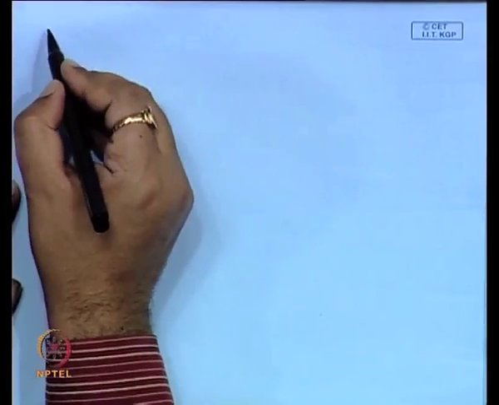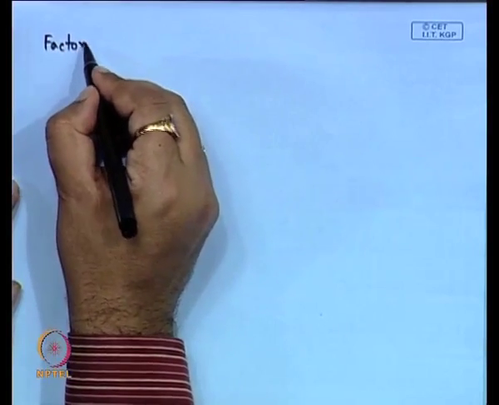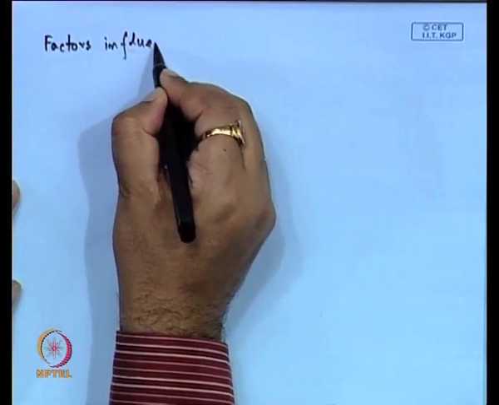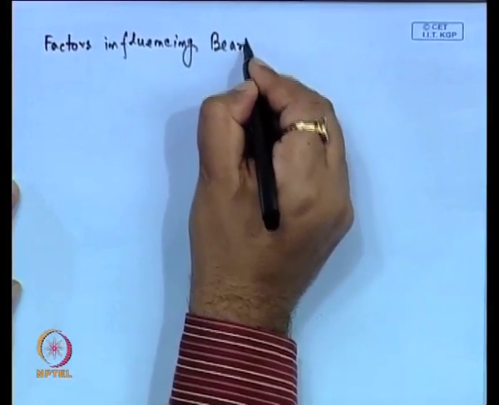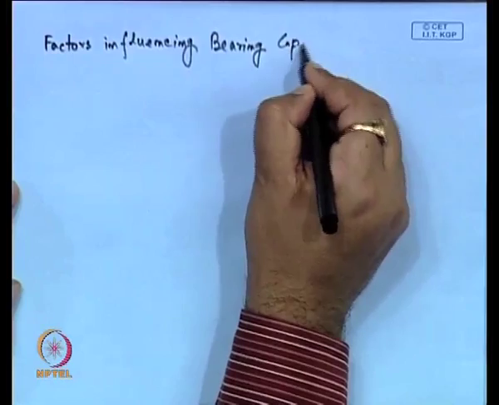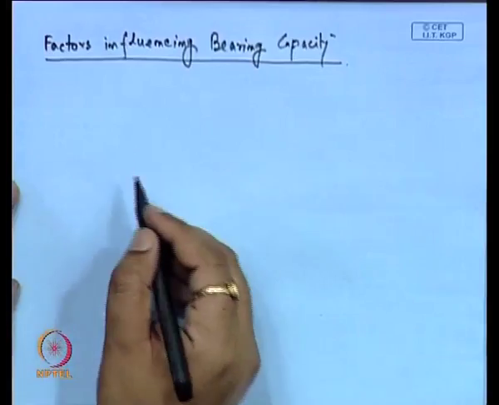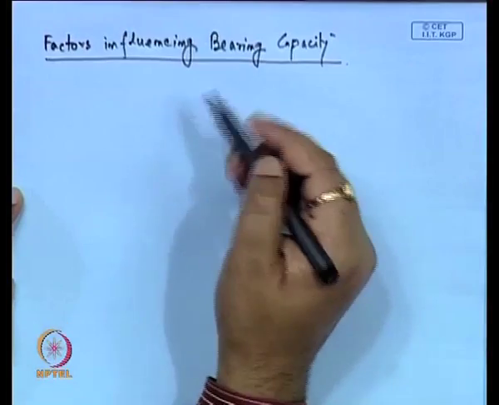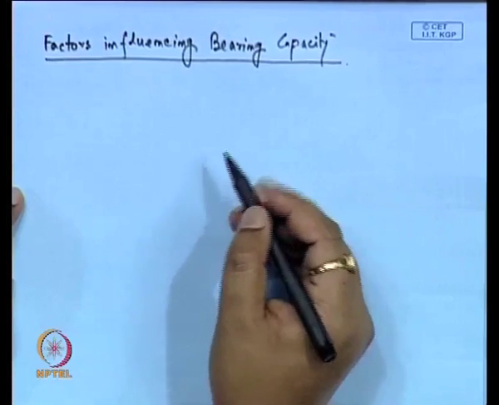So, first, the factors that influence the bearing capacity, we can write. Here we are dividing these factors for two different types of soils: one is for phi equal to 0 and one is for c equal to 0.